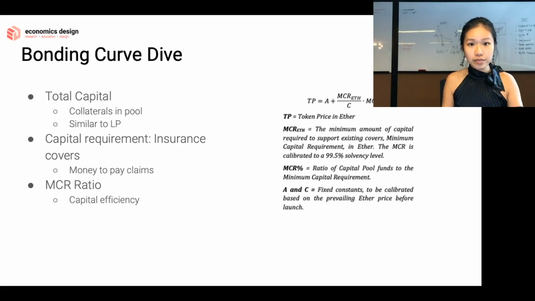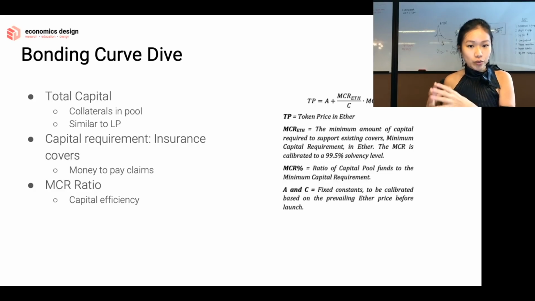In AMMs, that's where people swap, trade and exchange. It's a similar concept where you have a big pool, and you put ETH in there to get your NXM token out. So total capital is something like a liquidity pool.